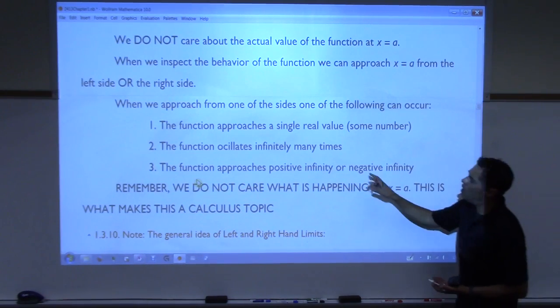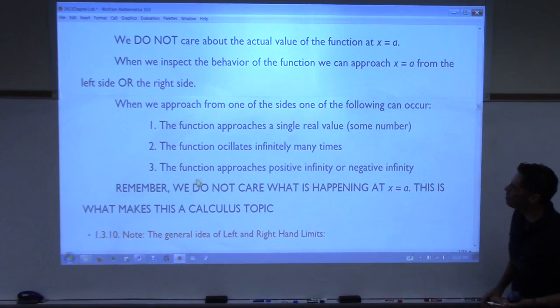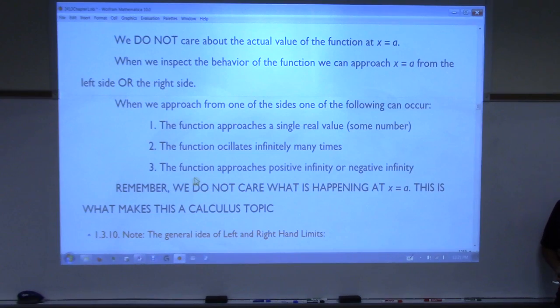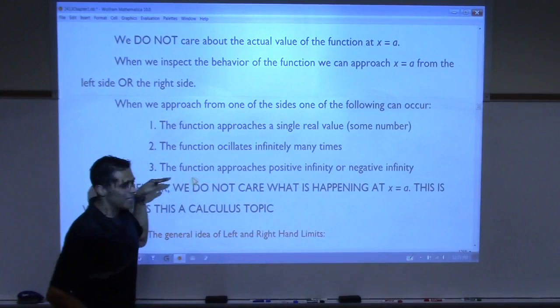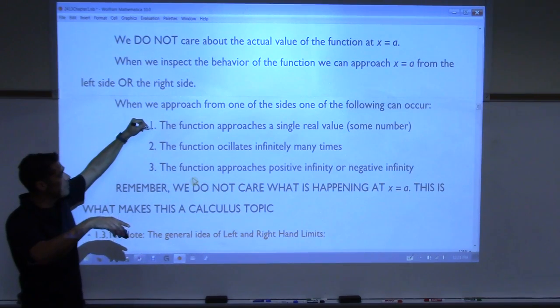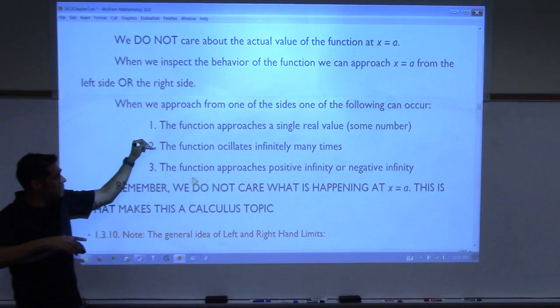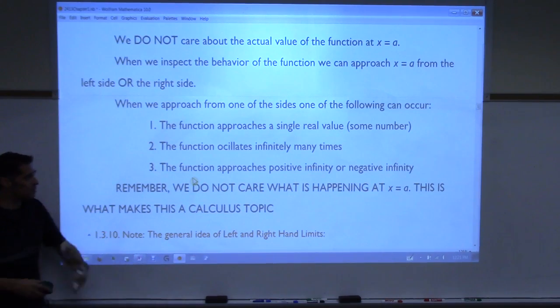When we approach from one side, one of the following can occur. If you were trying to figure out what happens from the left, if you're just looking at one side only, you can approach some number, you can oscillate infinitely many times, or it can take off to infinity or negative infinity. Fortunately for us, that's it.